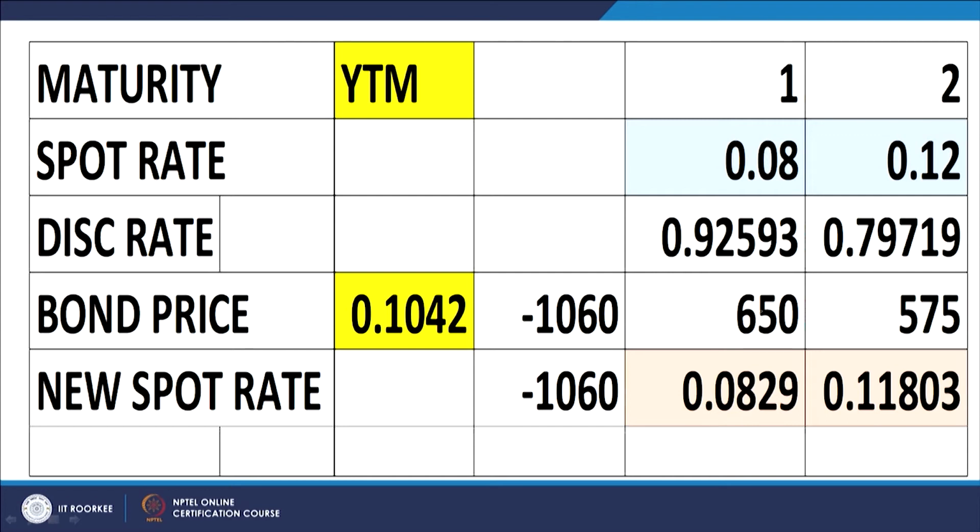What I have tried to establish here is that if, instead of 8% and 12%, I take 8.29% as H01, let us call it H01 star, and 11.80% as H02 star, I will still end up with the same price and therefore the same YTM.